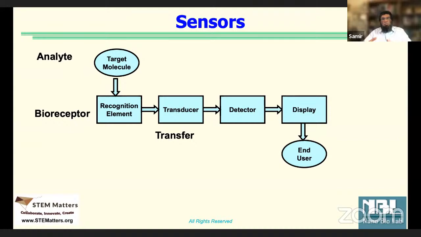But now when it's transduced, it goes into a detector that can give out a number, which can change a scale, which can light up an LED, whatever the ways we would be looking for the binding event there. So more often we use optical or electrical signals to get a measure of the recognition. So when we talk measure, then we want to see how much of it is going on.